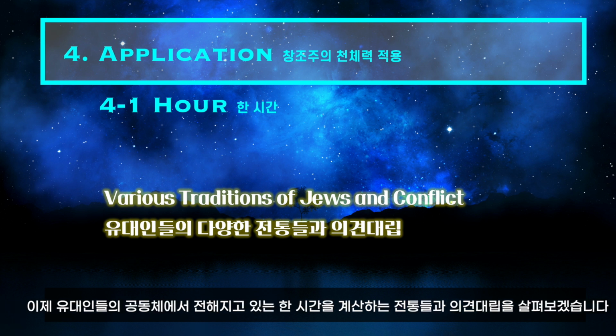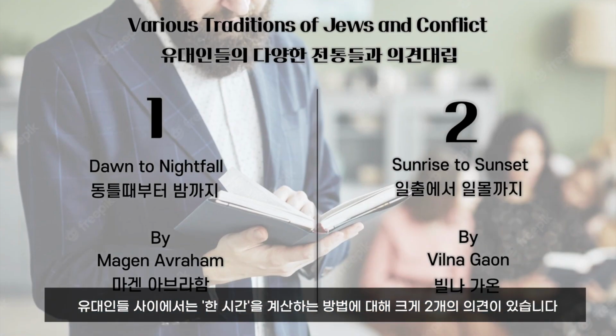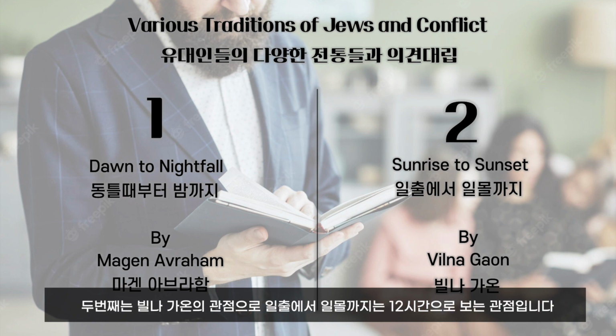Now I want to go through various traditions on how to count 1 hour within the Jewish community and the conflicts within. Basically, there are 2 major points of view on how to calibrate 1 hour within the Jewish community. One is the viewpoint by Magen Avraham, who calibrates 1 day from dawn to nightfall.